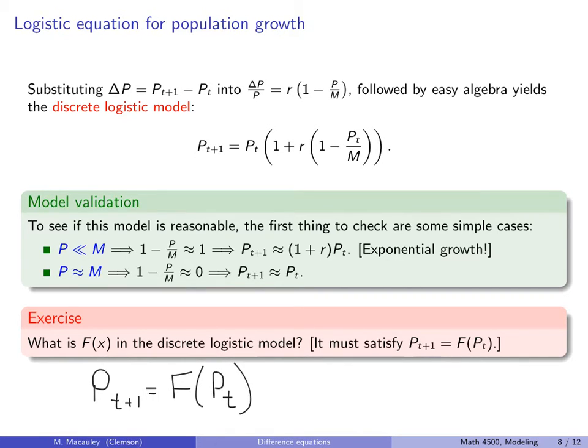So in that case, up here, we can see that this is just the function f. So f of x is just x times 1 plus r times 1 minus x over m.